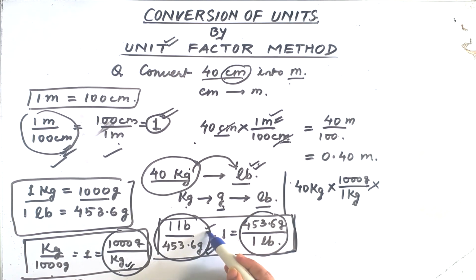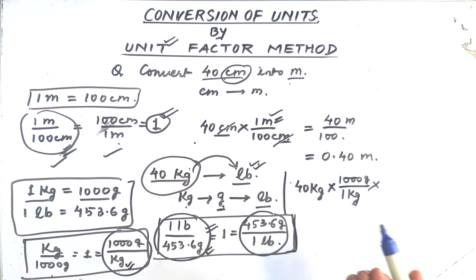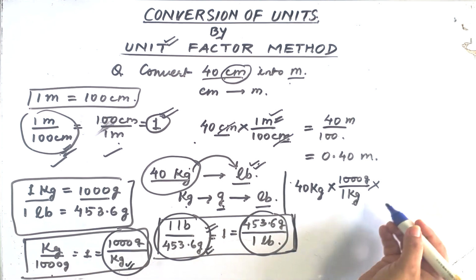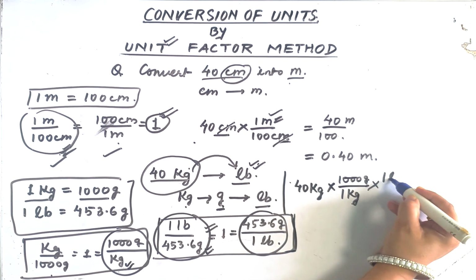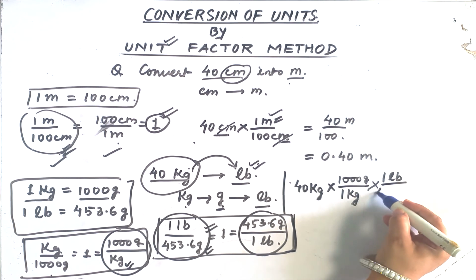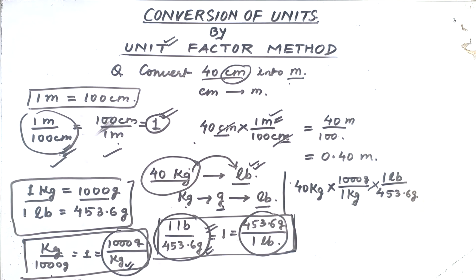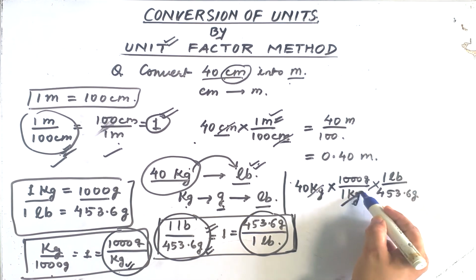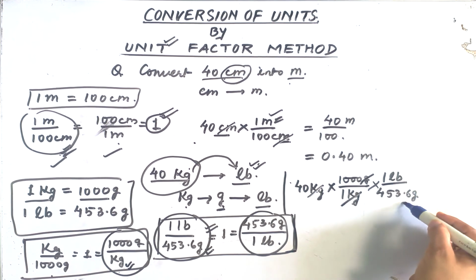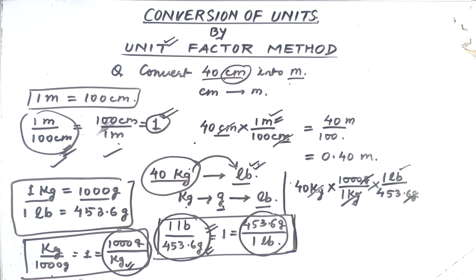So I am using this conversion unit, otherwise this gram will go to the upside and it cannot be cancelled out. So I am writing down 1 pound divided by 453.6 grams. So this way I can cancel out kilogram with kilogram, gram with gram, and I am left with only pounds.